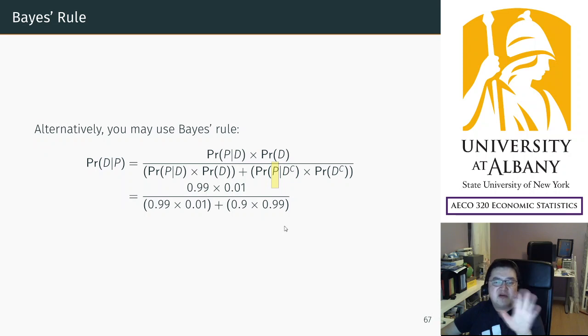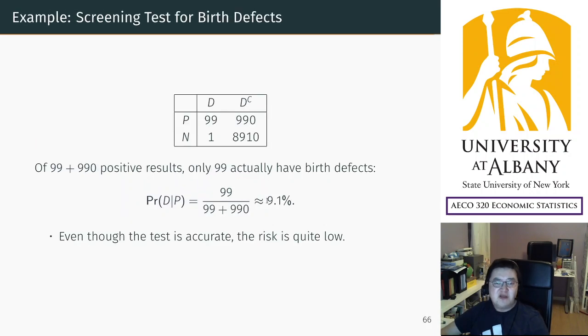So you may plug in the numbers and you will get the same number. Plug in the probabilities, get the same number according to Bayes' rule, the same as this. I have shown you how the formula was derived from the tree diagram idea.